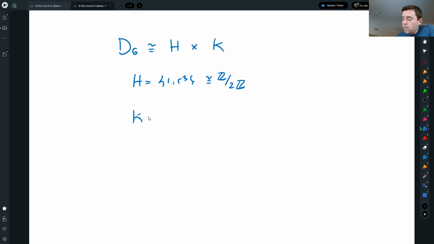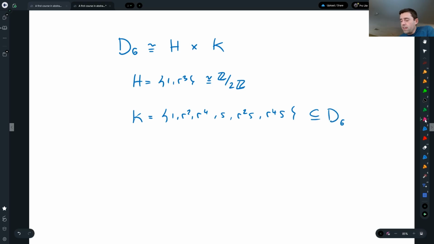Now K, which is 1, R squared, R to the 4, S, S R squared, S R to the 4. Now, what subgroup of D6 is this? Remember that D6 is the rigid symmetries of a hexagon.